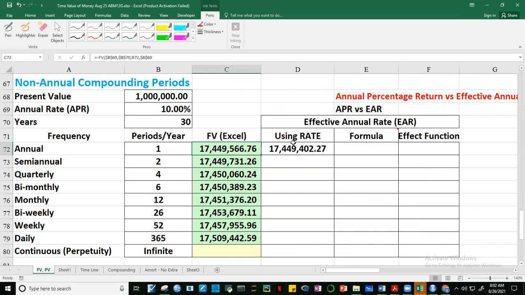See guys, they're not the same. It's not the same when we include the annuity here.